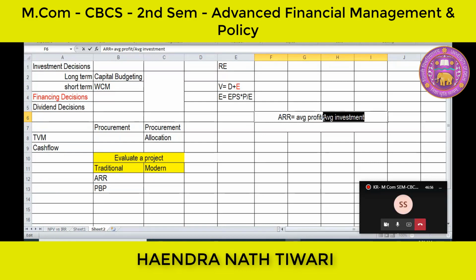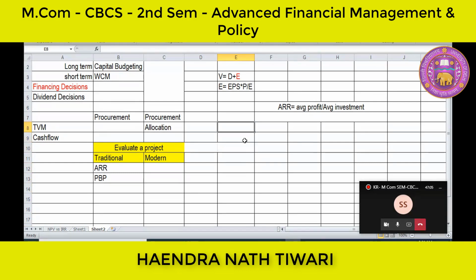Let us take an example. Suppose you have taken an investment decision that required 5 lakh rupees.